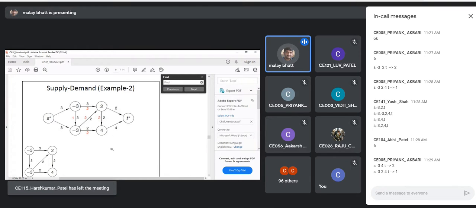If you see the answer, we can represent like this, that from the supply node -3 will go to demand node 2 with a demand 2. So you can see that whatever is the demand, we are satisfying that. The demand node having a value 2, so we are satisfying that. Similarly, from another supply node -3, which is on the top, we are supplying also the demand of the other node.